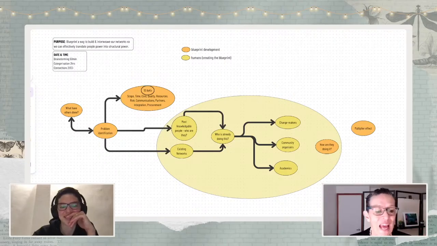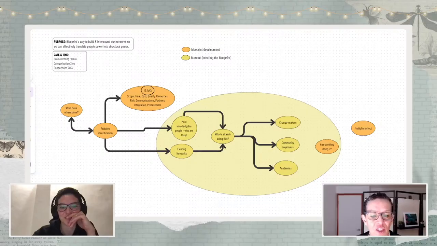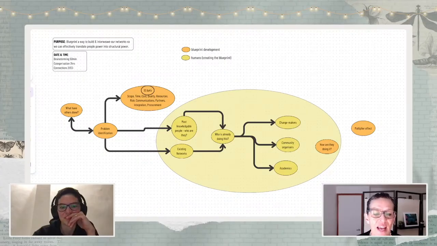Now, the change makers, we have evaluated the change makers, community organizers, and academics. We link that to how are they doing it.